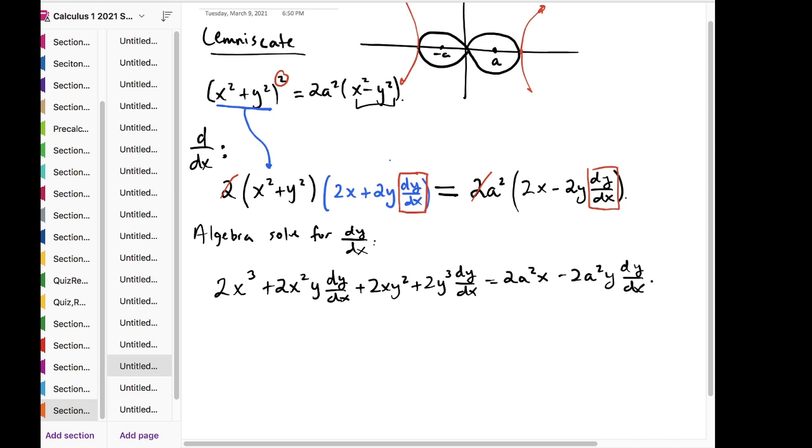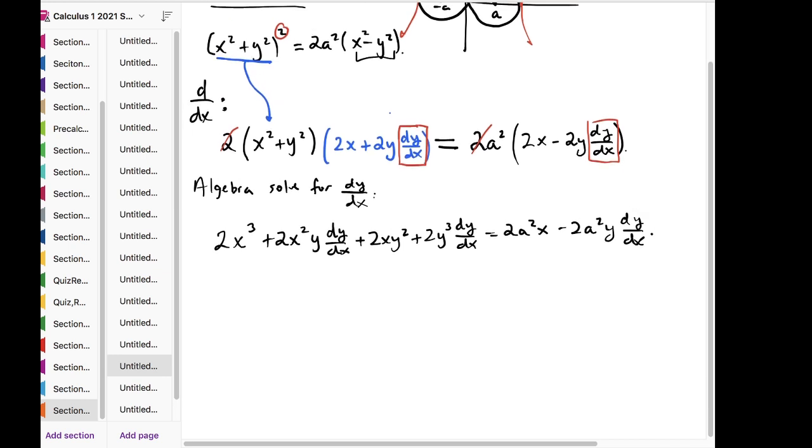Okay, now does my question make more sense? How do you solve for dy dx here? It's just algebra. There's no calculus being done.